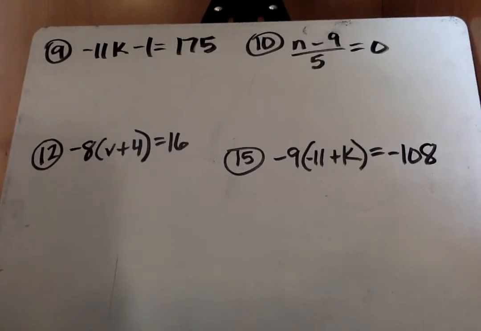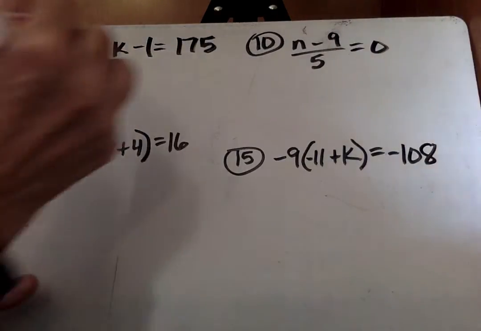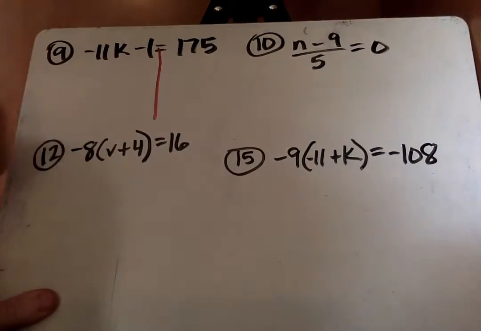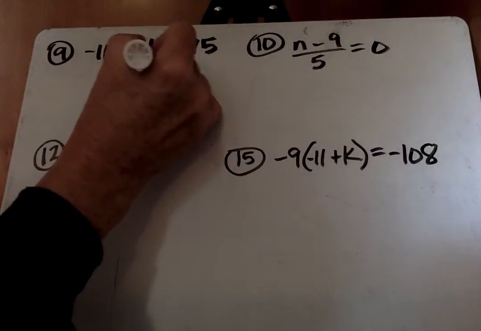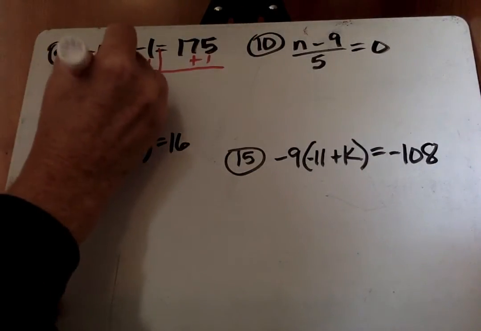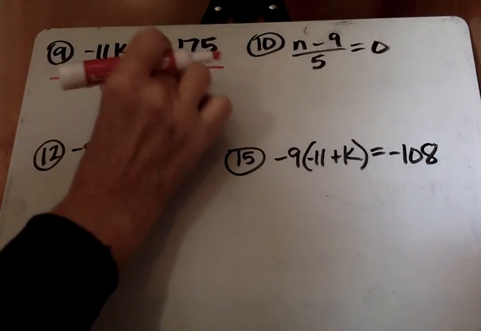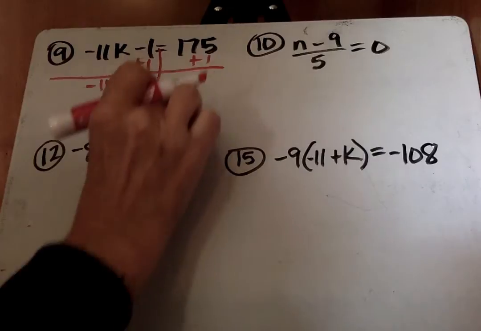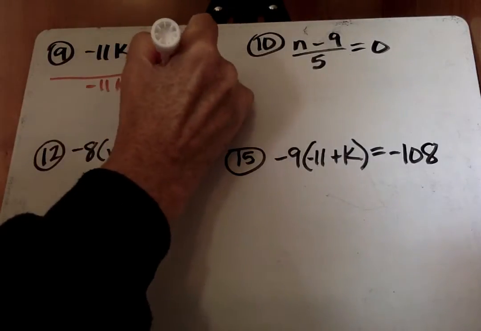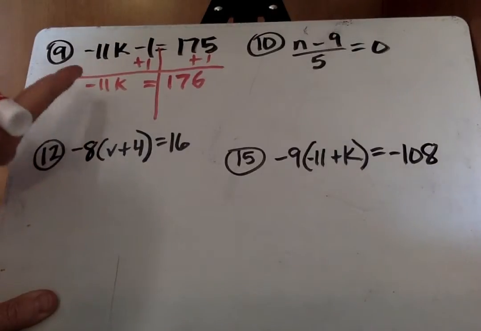Okay. Next, I'm going to go on to number 9. I believe this is on the back side. Draw a line down the equal sign. This is minus 1 plus 1. Now, again, this is not subtract 11.